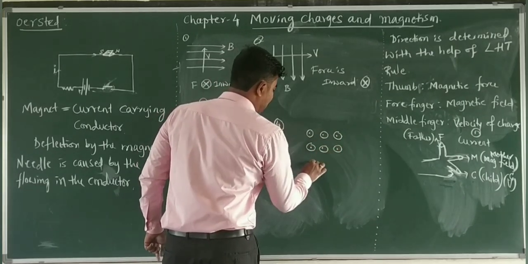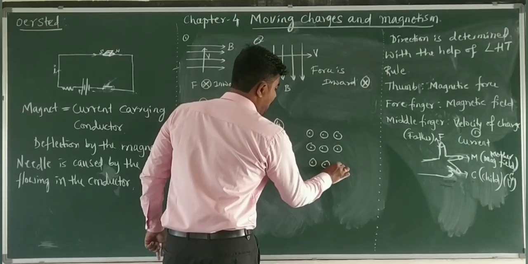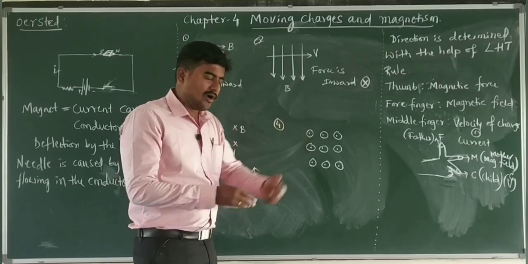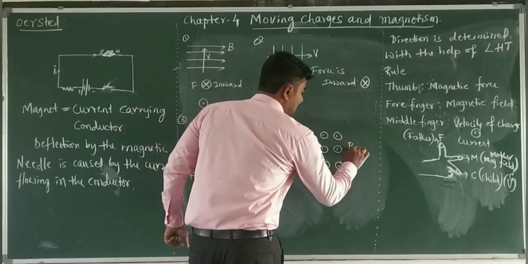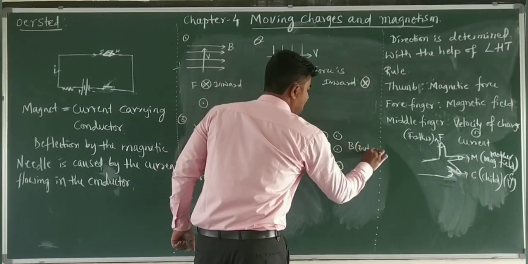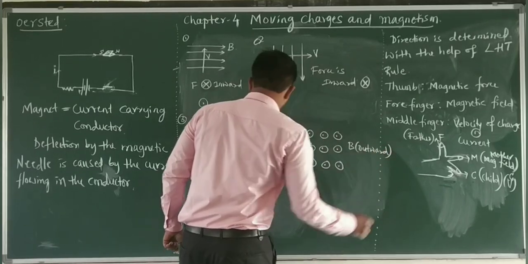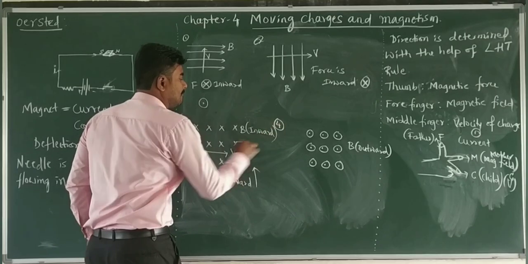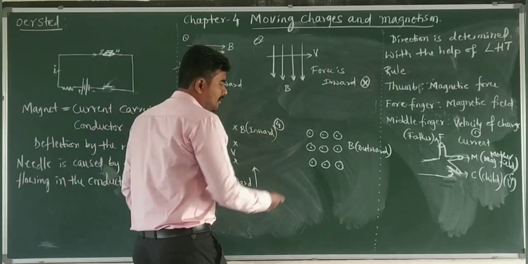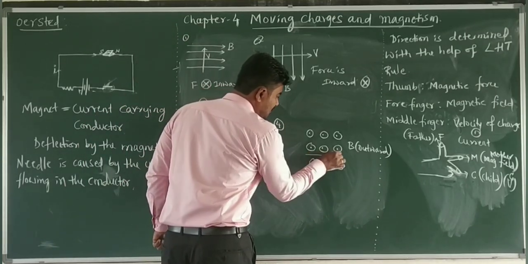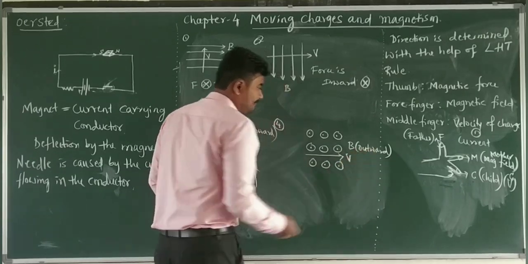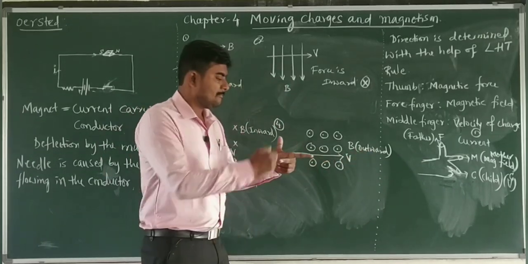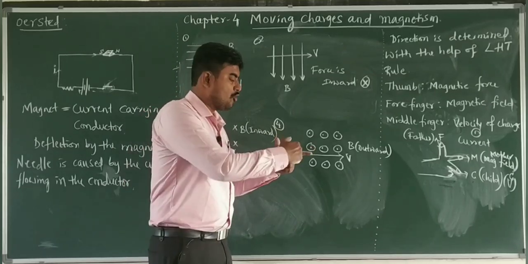If this is magnetic field, okay, the meaning of magnetic field is outward. Magnetic field is outward, and here it was inward. Okay, and the velocity will be like this. Okay, so once again use your left hand. The direction of magnetic field is outward.